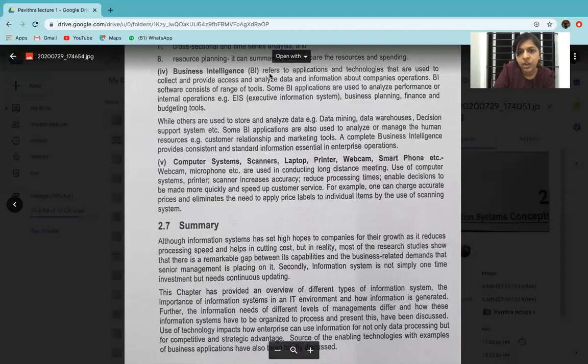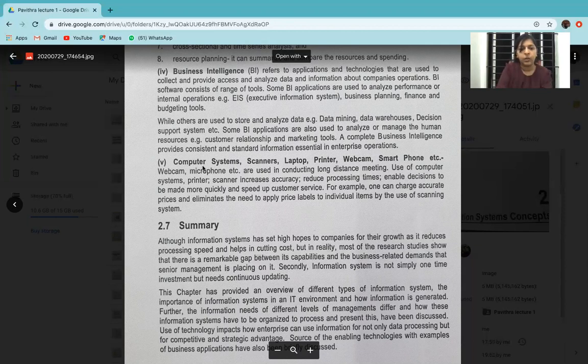Business intelligence refers to applications and technologies that are used to collect, provide access to, and analyze data and information about computer operations. Kindly bring your attention here because this is another important part. Business intelligence collects, provides access to, and analyzes data.